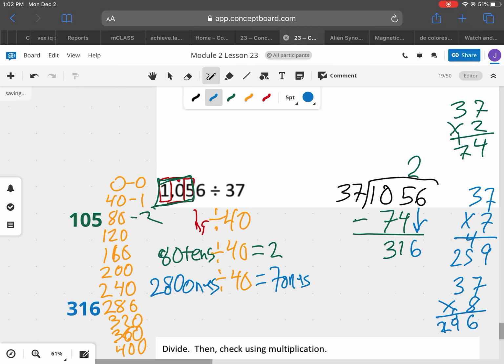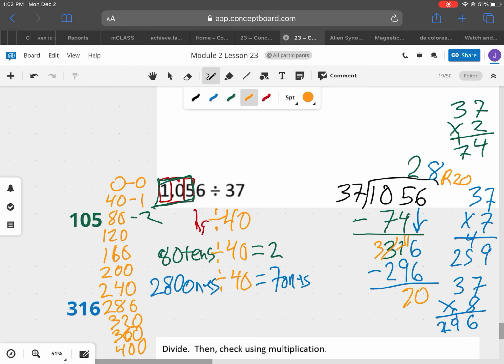This looks closer. So I'm actually going to use the 8. This is where estimation is our friend, but will not always be the exact answer. All right, so we have 11 minus 9 equals 2. So our remainder is 20.